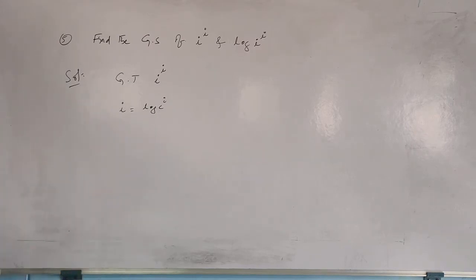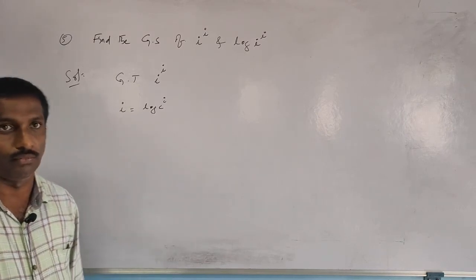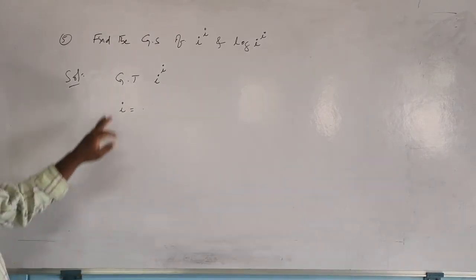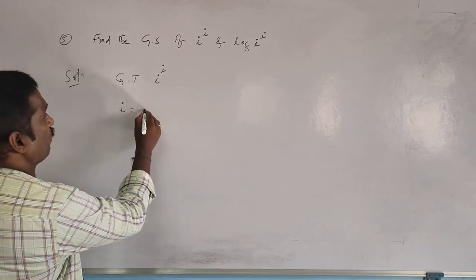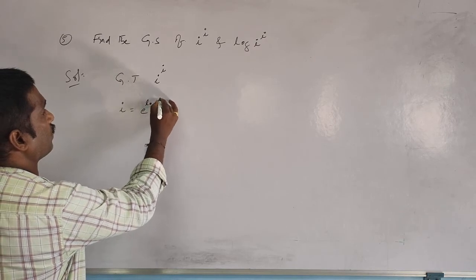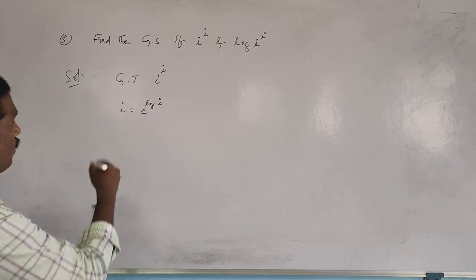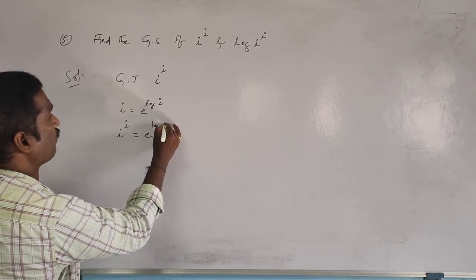So we know that i equals e power log i. So i can be written simply as i equals e power log i. So i power i means e power log of i power i.